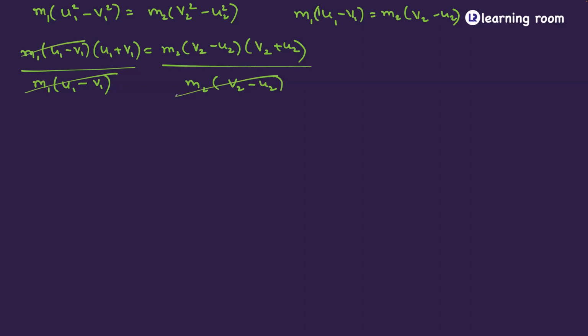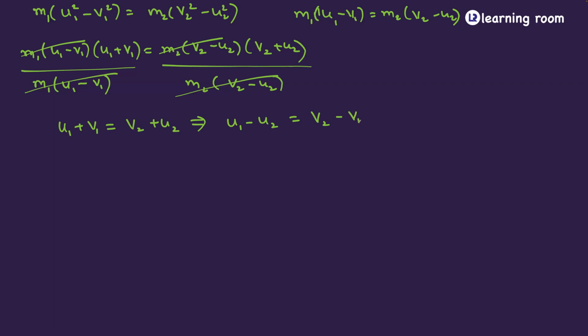Similarly, m2 into (v2 minus u2) is gone. So you will get u1 plus v1 is equal to v2 plus u2. Rearrange this equation. From this, you can say u1 minus u2 is equal to v2 minus v1.